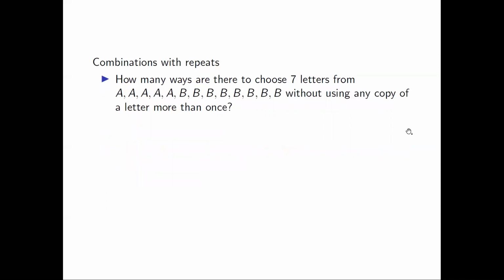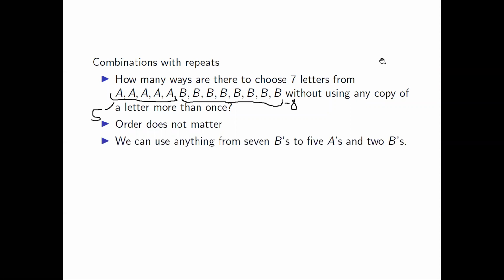So now let's look at a slightly larger one. Let's say we have a set now. Our set right here has a total of 5 copies of A and a total of 8 copies of B. And we want to look at the number of ways to choose 7 letters without using any copy more than once. Again, the order does not matter. So we see that we could use all B's for our 7 letters because we have 8 B's.